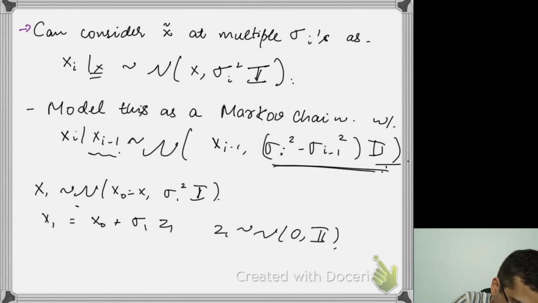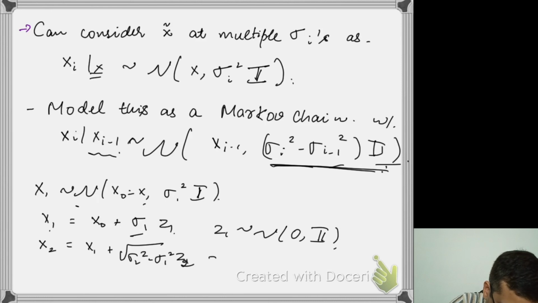Because I've scaled it by sigma 1, the variance changes to sigma 1 squared I. Now x2 given x1 is normally distributed with mean x1 and variance sigma 2 squared minus sigma 1 squared times I. So x2 is essentially x1 plus square root of sigma 2 squared minus sigma 1 squared times z2, where z2 is normally distributed with mean 0 and variance identity.